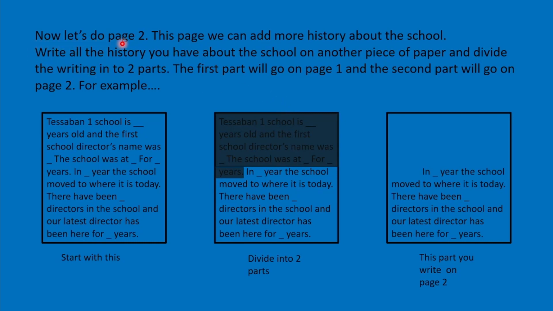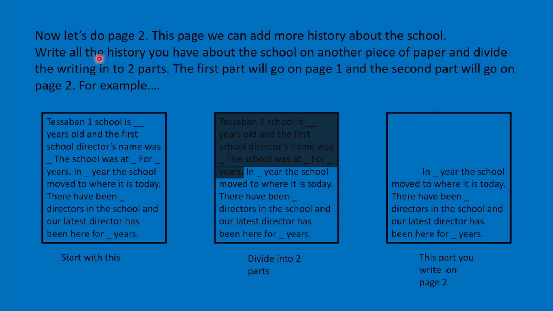Now let's do page 2. This page we can add more history about the school. Because last week I said that history would normally go on page 1, but you can have the history on more than one page.